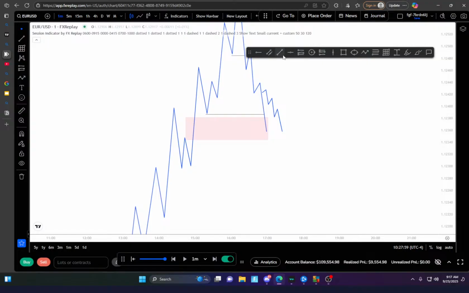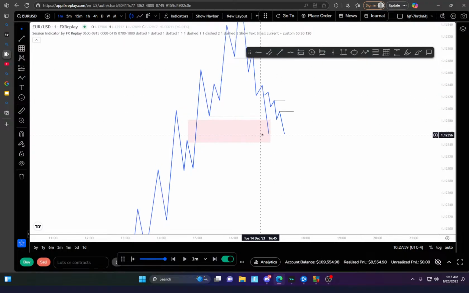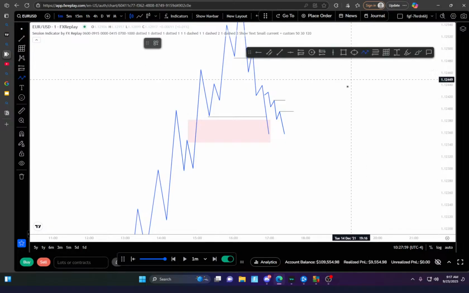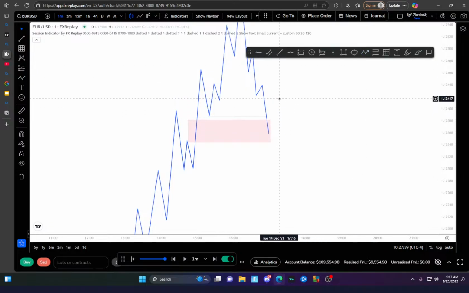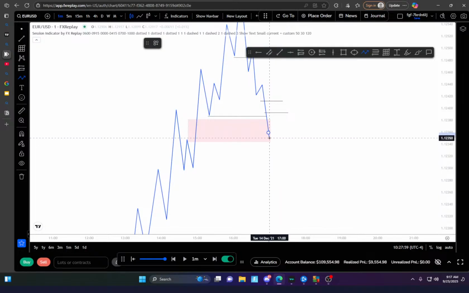There's active sellers still sitting right after we took out this liquidity. So now what do you think we're gonna seek, to either continue down or continue up? We are going to take out them active sellers.